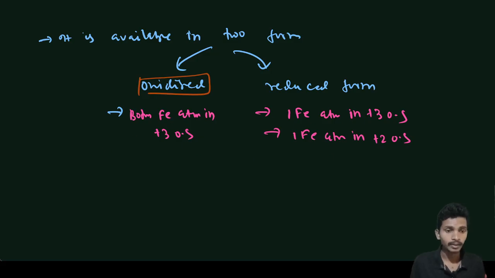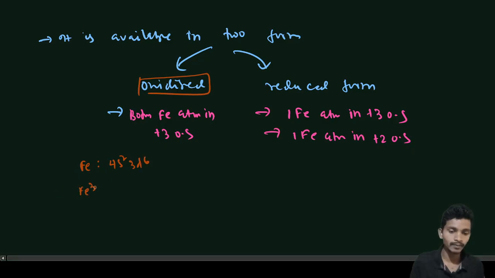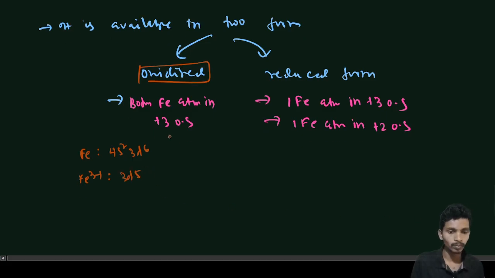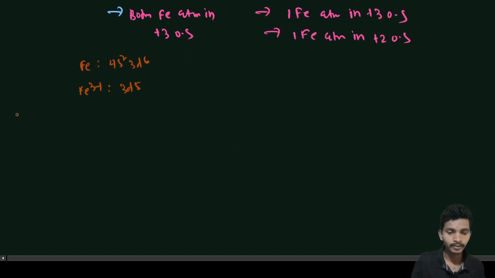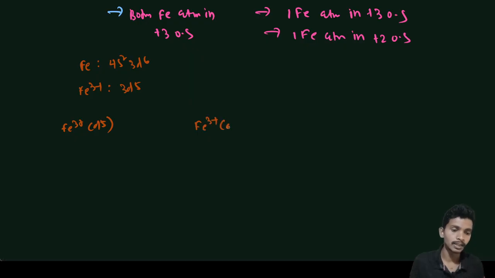Now Fe in +3 means it is d5, because Fe is 4s2 3d6, so Fe3+ is 3d5. Both Fe, so Fe3+, one is d5, another is also Fe3+, that is d5.